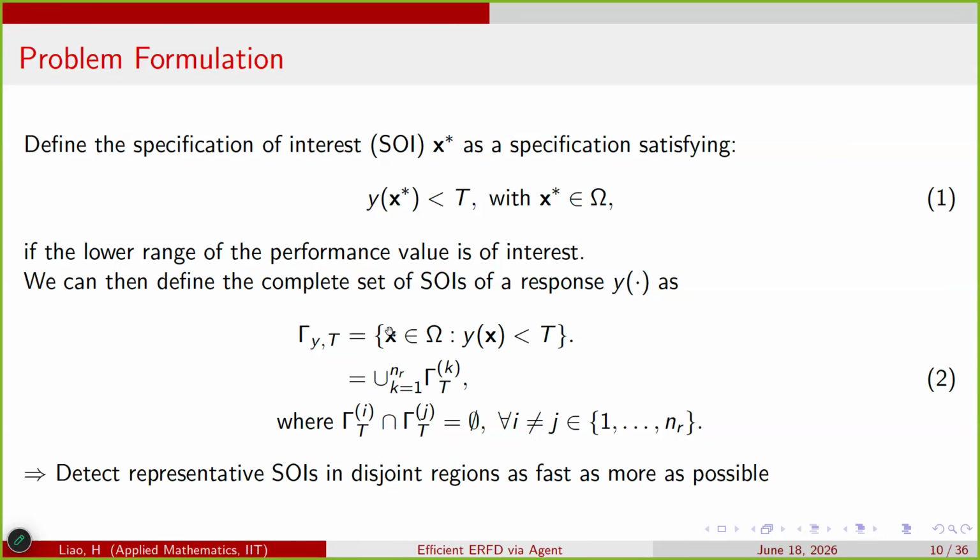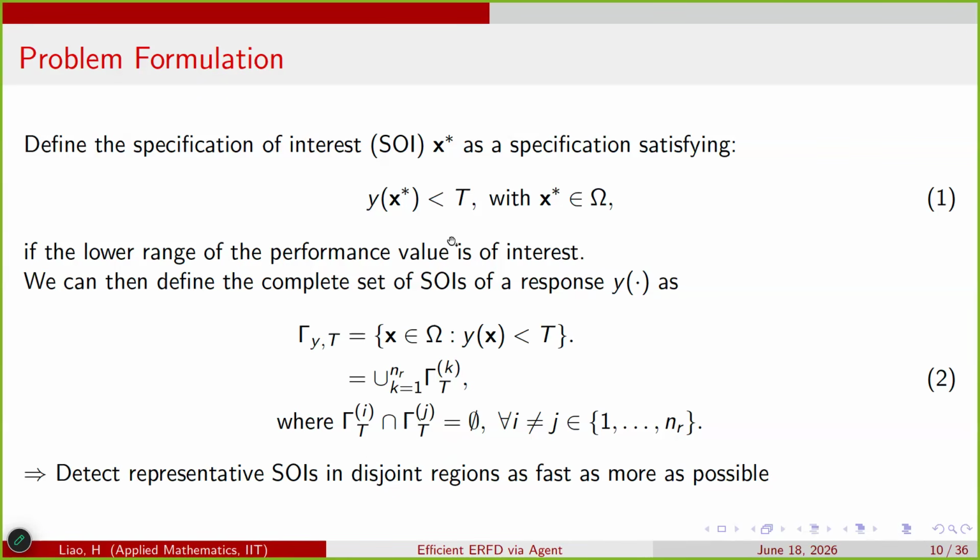And it contains all the X satisfying this performance. If we define the failure as the lower range of the performance, we assume it can be written as disjoint sets, right?